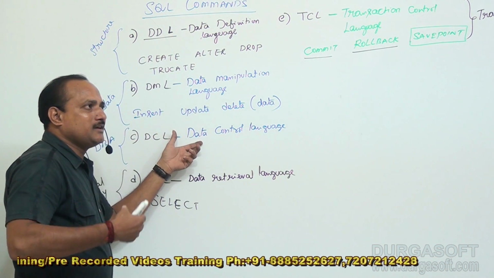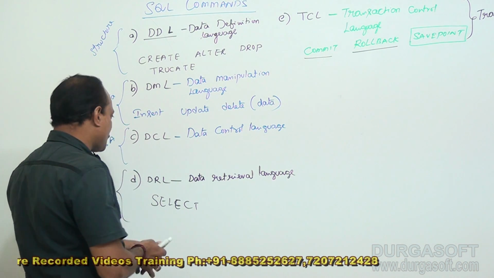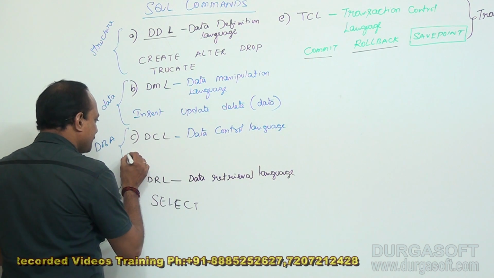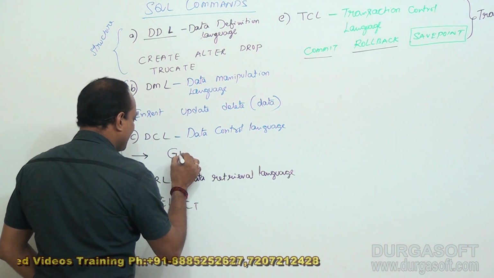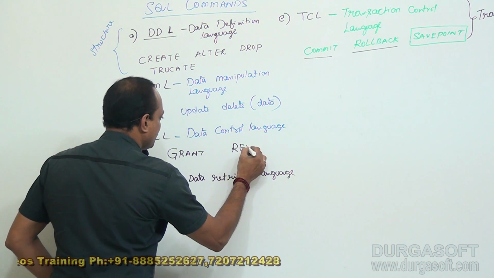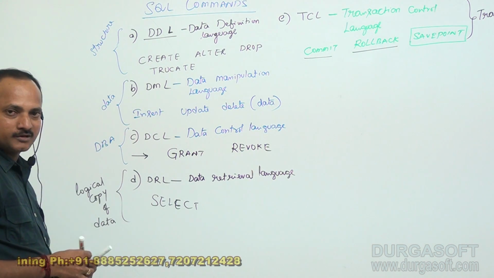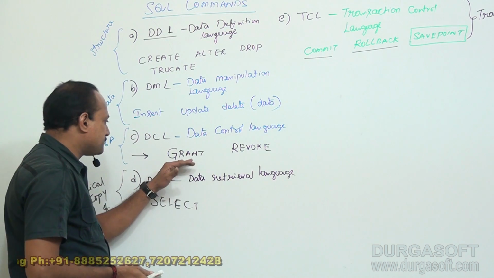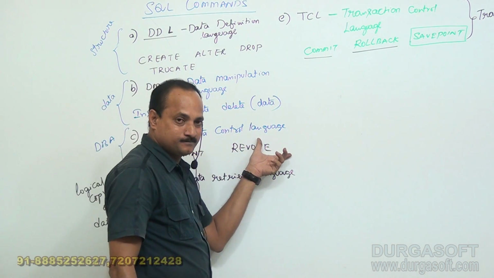As a client, if I want to execute DCL commands, then the DBA has to provide permission. The DCL commands are two commands: grant and revoke. To give permission, grant. To take back the permission, revoke.